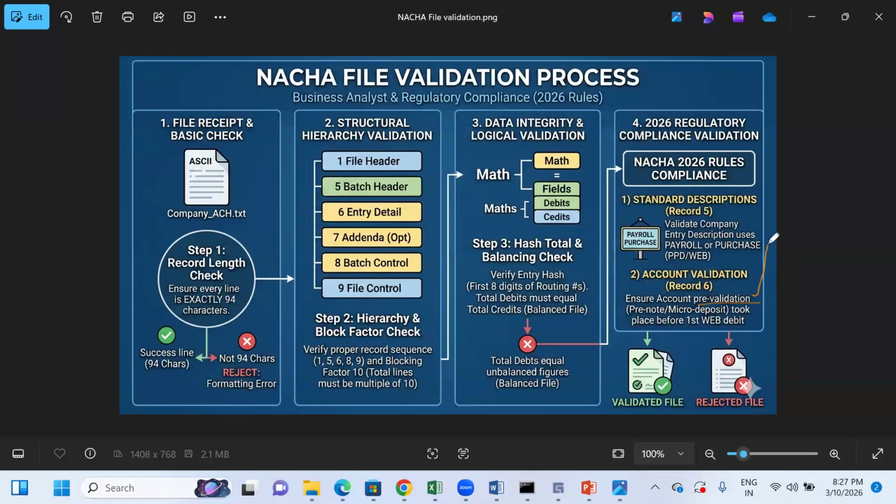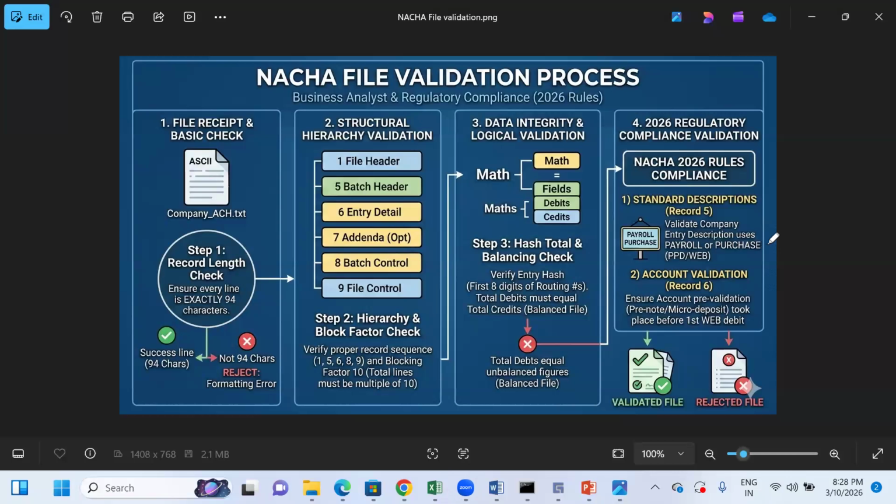Because we are creating a NACHA file where the money will automatically be deducted on a particular day and time, we must verify the account. Account validation has to happen first, and only then can we proceed. Without account validation, we can't go further.